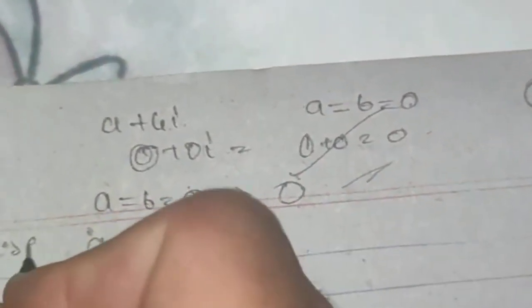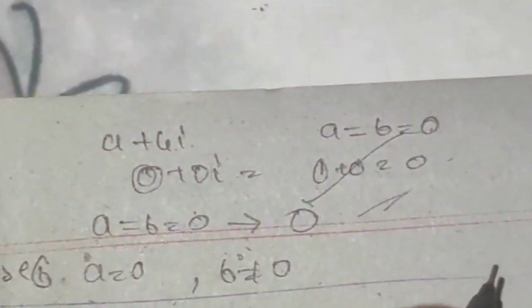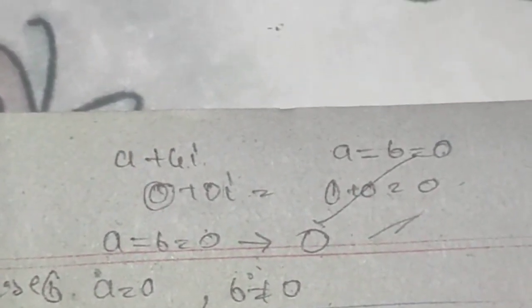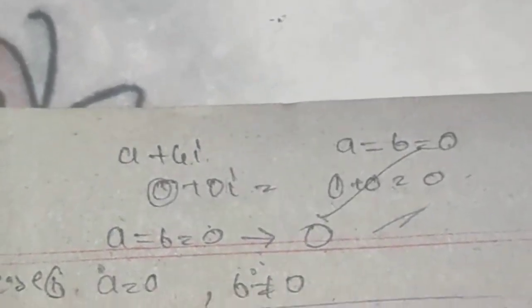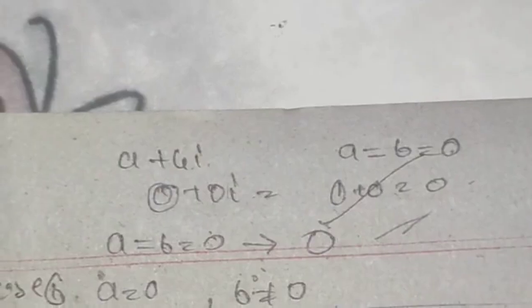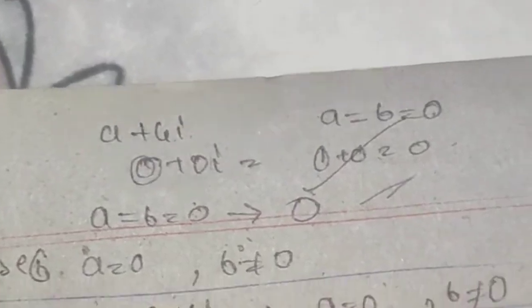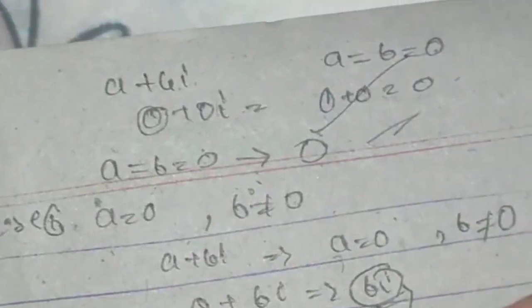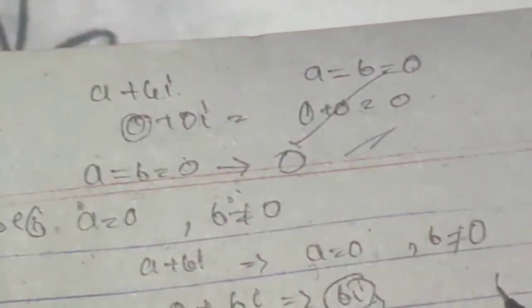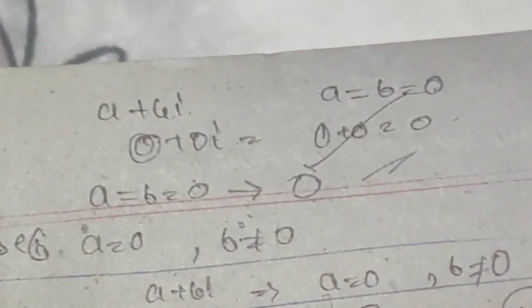Case 1: a equal to 0, b not equal to 0. Then we have 0 plus b iota, which is just b iota.